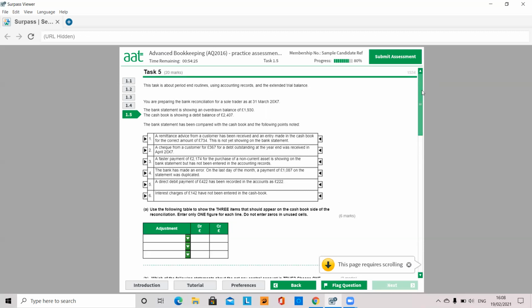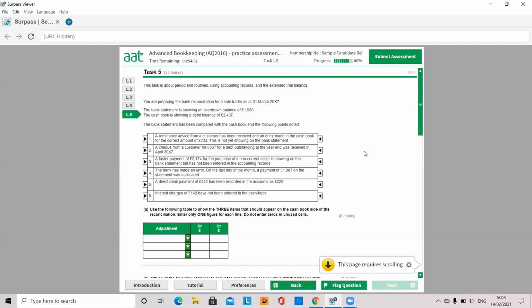Okay, so let's have a look. So the bank statement is being compared to the cash book on the following points. So use the table below to identify 3 items that should appear on the cash book side of the reconciliation. So anything to do with the bank statement, we're not interested in because it's to do with the cash book.